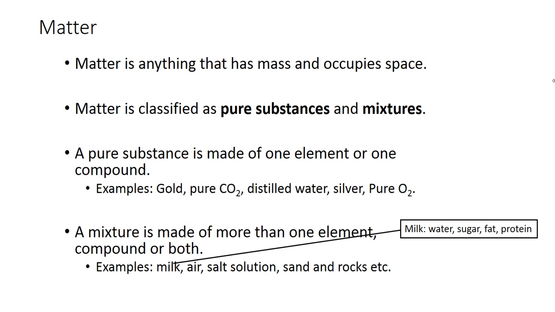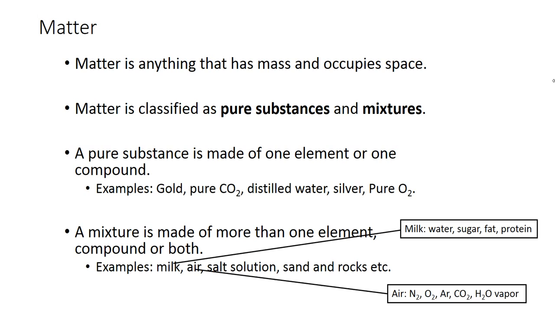So we can see milk is a mixture that contains water, sugar, fat, protein, among others, while air is a mixture that contains nitrogen molecule, oxygen molecule, argon, carbon dioxide, water vapor, among others.